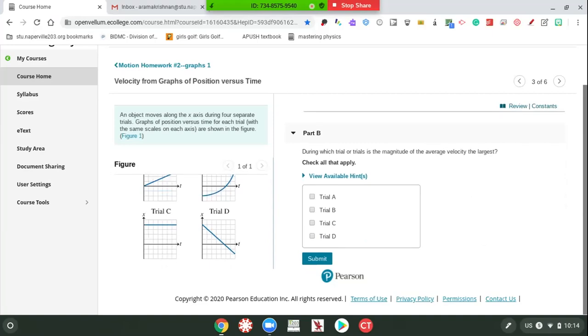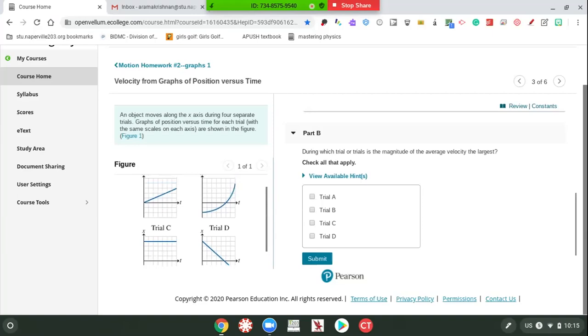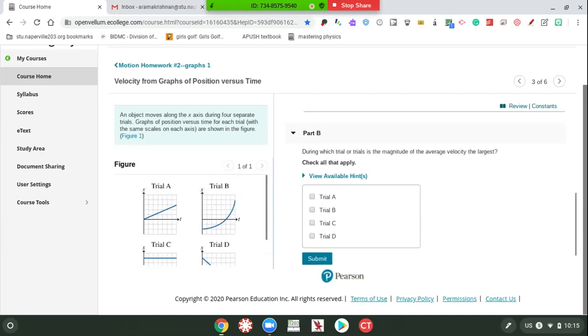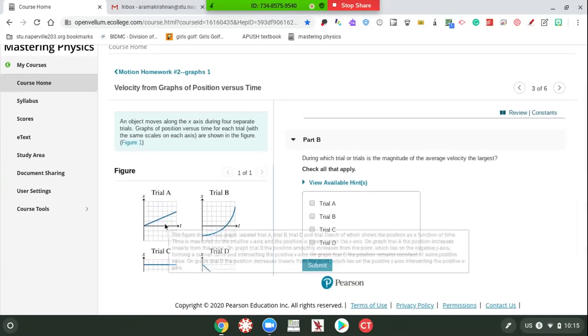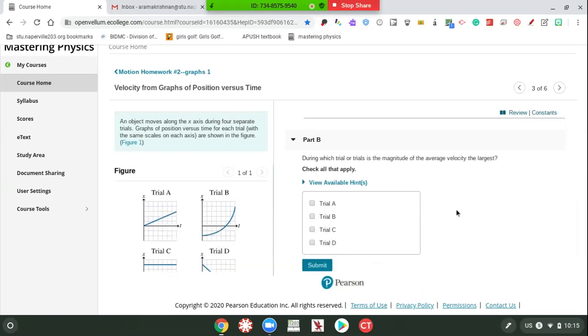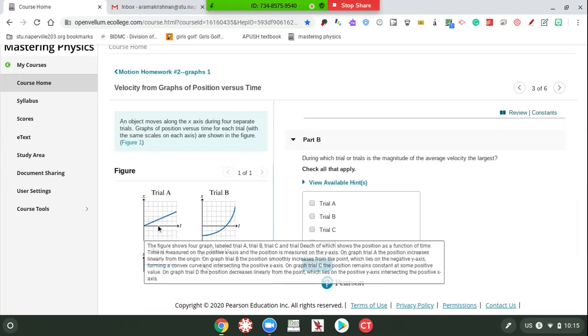So here, trial C, it is 0. Going up by 3 divisions, and on the x-axis, how many divisions? 1, 2, 3, 4, 5, 6, 7, 8. I got 7. Okay, whatever. 3 by 7 then.